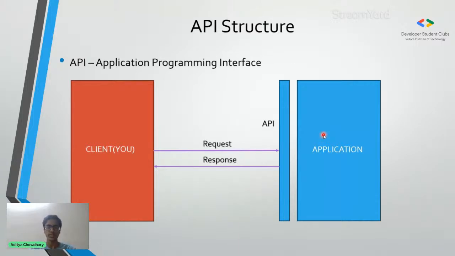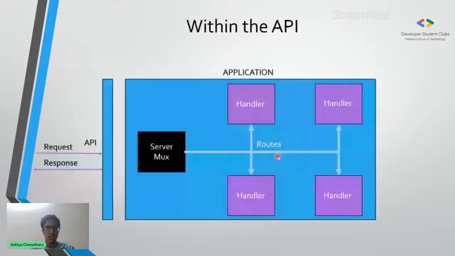So the API is just the external part, which is exposed to the rest of the world. So you can see this is a sort of diagram of how the API would look.